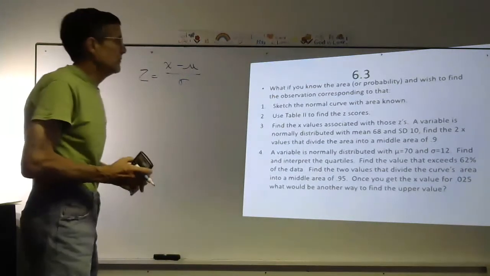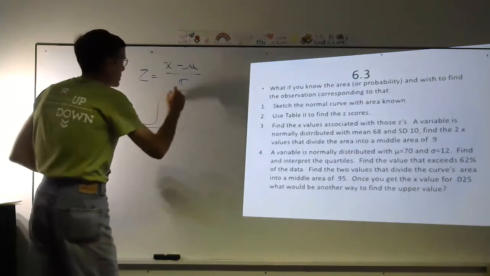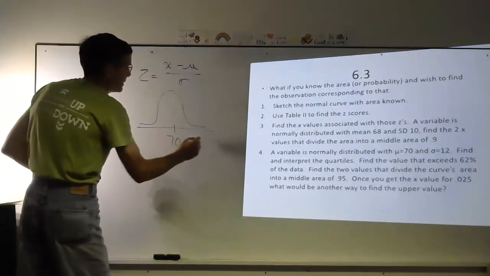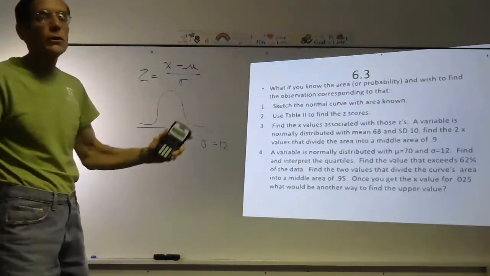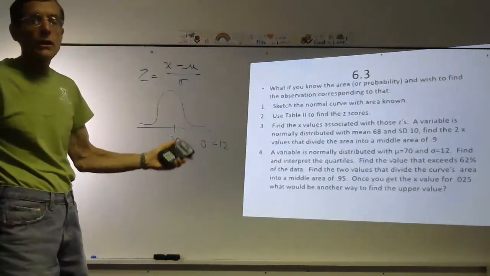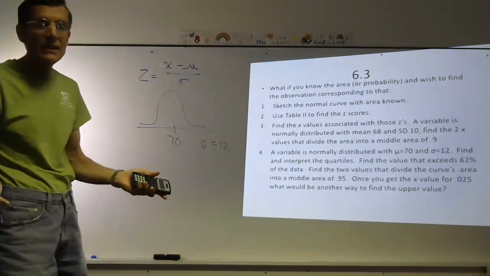The variable is normally distributed. Mu equals 70. Draw a picture. Here's 70. Sigma is 12. Find and interpret the quartiles. The quartiles take you back to chapter 3.